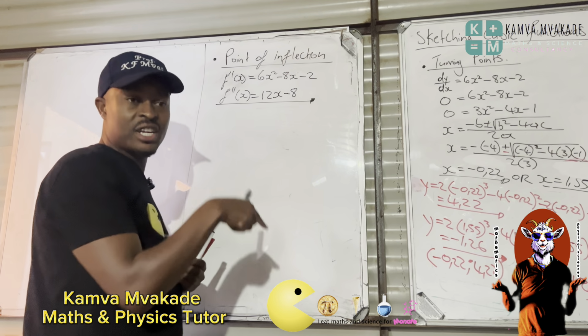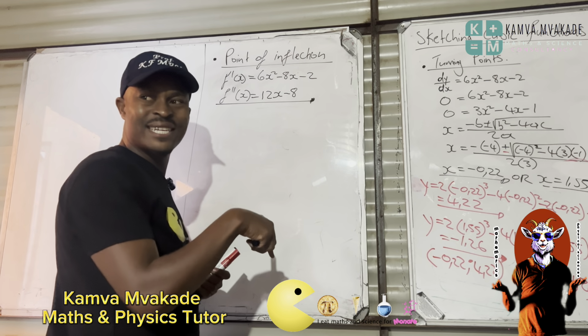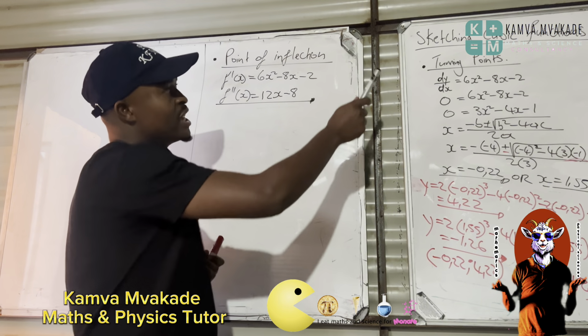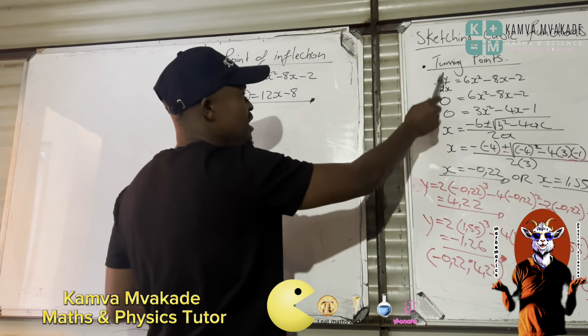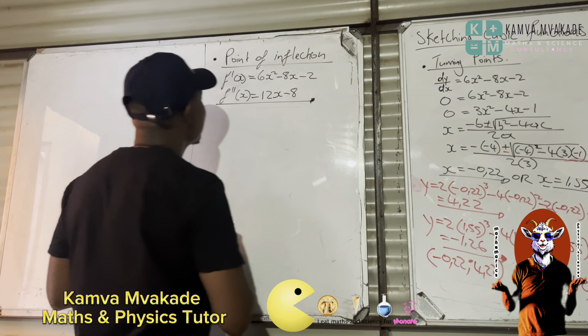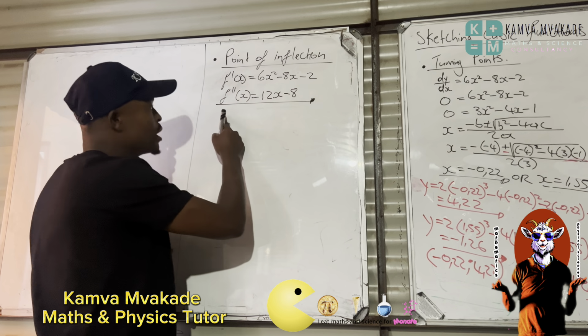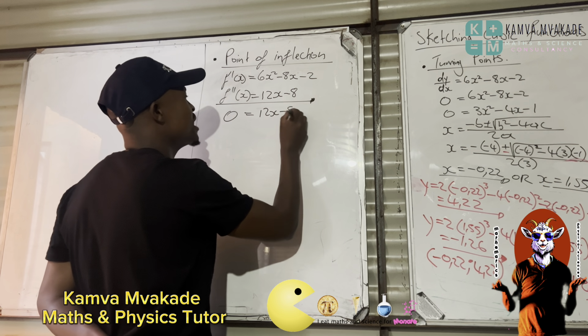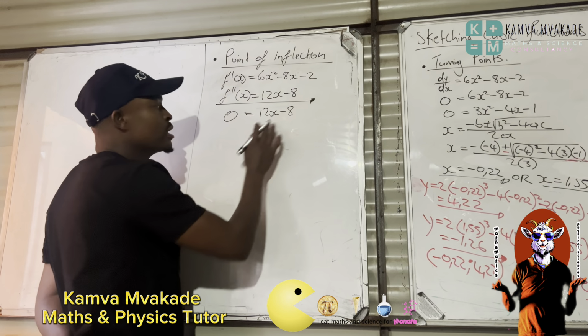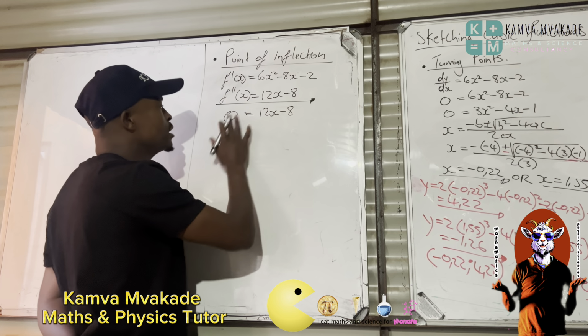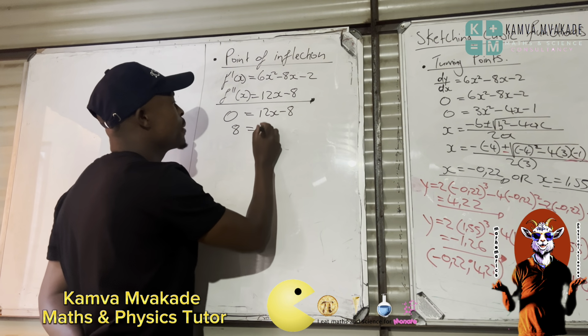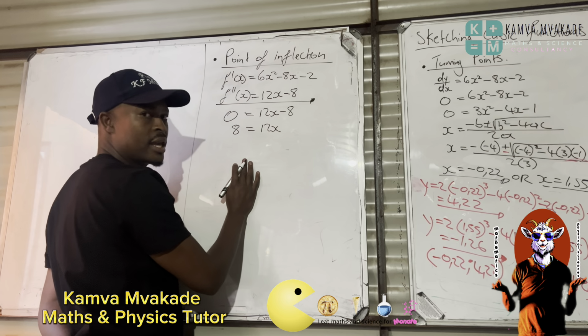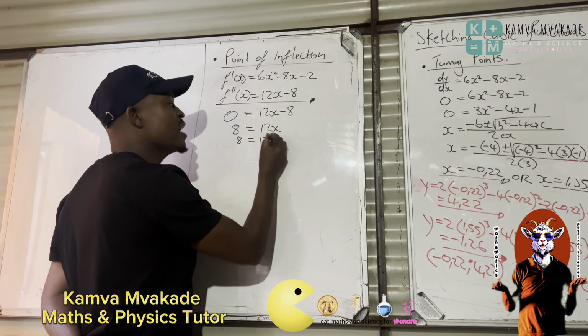Again, the point of inflection is a stationary point, only the turning points. So we say 0 is equal to 12x minus 8. Transpose 8, so 8 is equal to 12x.